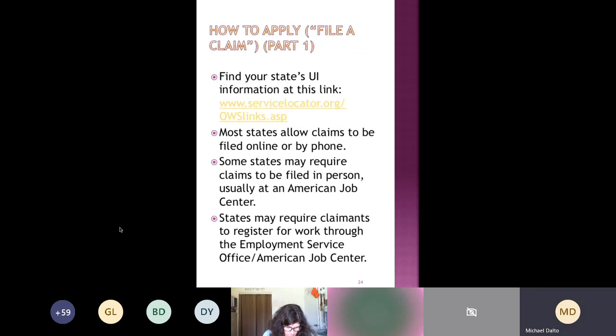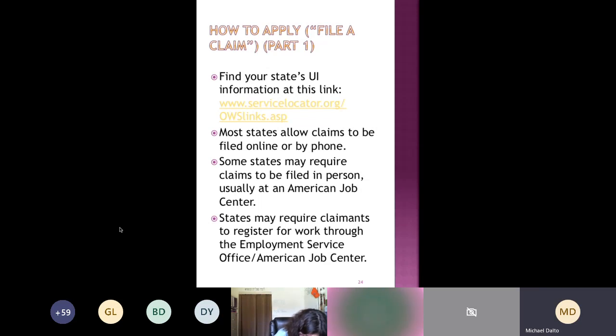Okay, so let's move on to how to apply or how to file a claim. Well, the first thing you'd want to do is find the website for your own state's unemployment insurance program. And you can find that using the link on slide 24 here, servicelocators.org/OWSlinks.ASP. That's the way you can find your own state's UI website if you don't already know what it is.